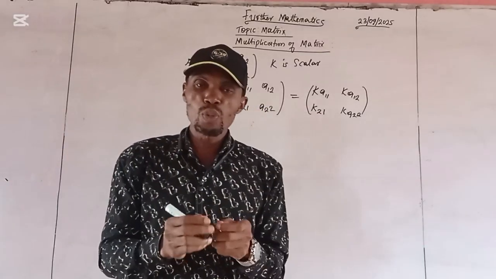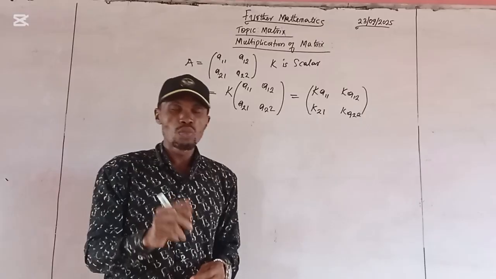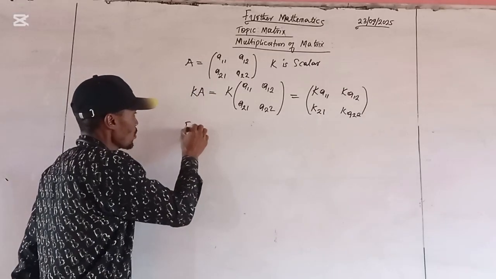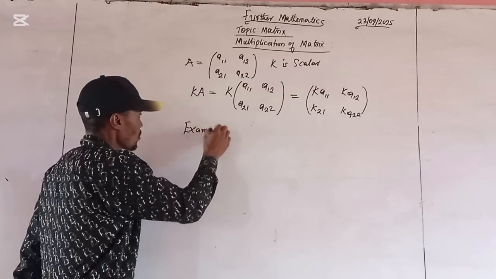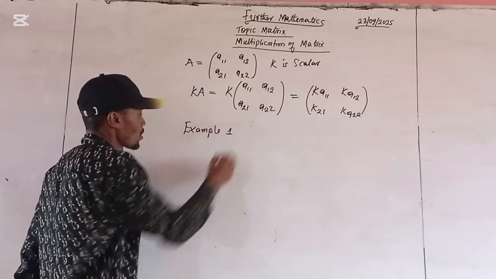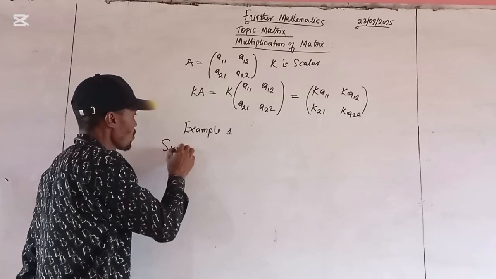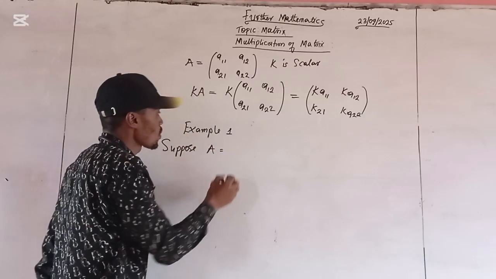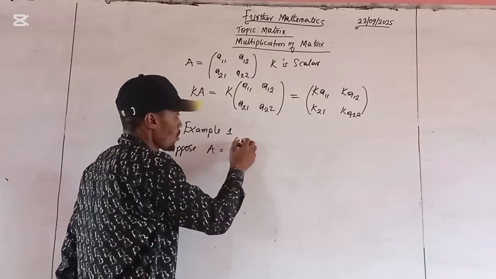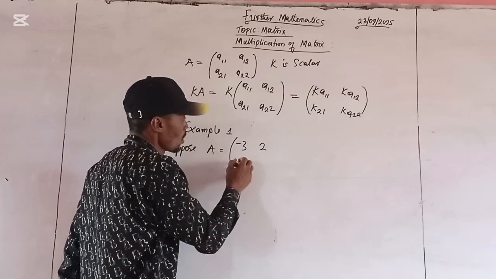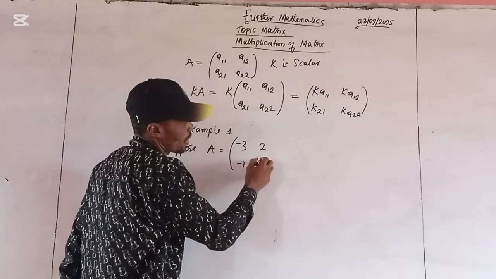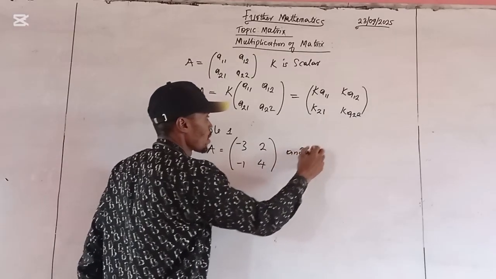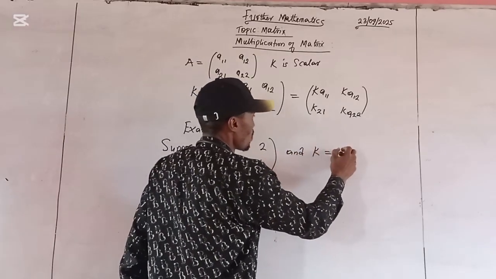Let us look at a typical example on how to apply this. Example one. Suppose A is equal to -3, 2, -1, and 4, and K equal to 2.